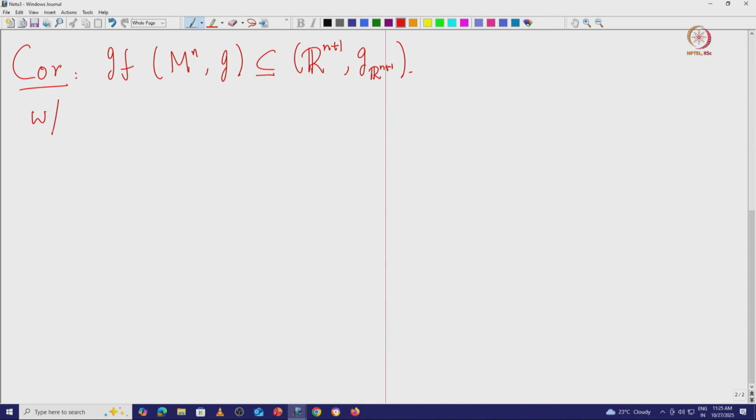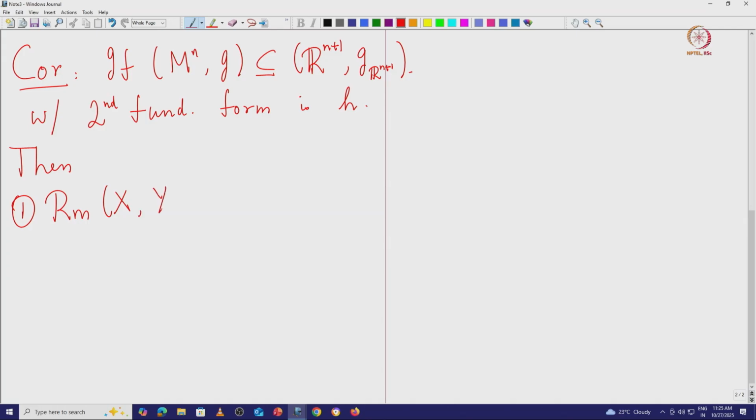Suppose the second fundamental form is h. Then we have the following observation: if you compute the curvature, now the curvature of the ambient manifold is 0 because it is the Euclidean space. So this is simply given by the second fundamental form.